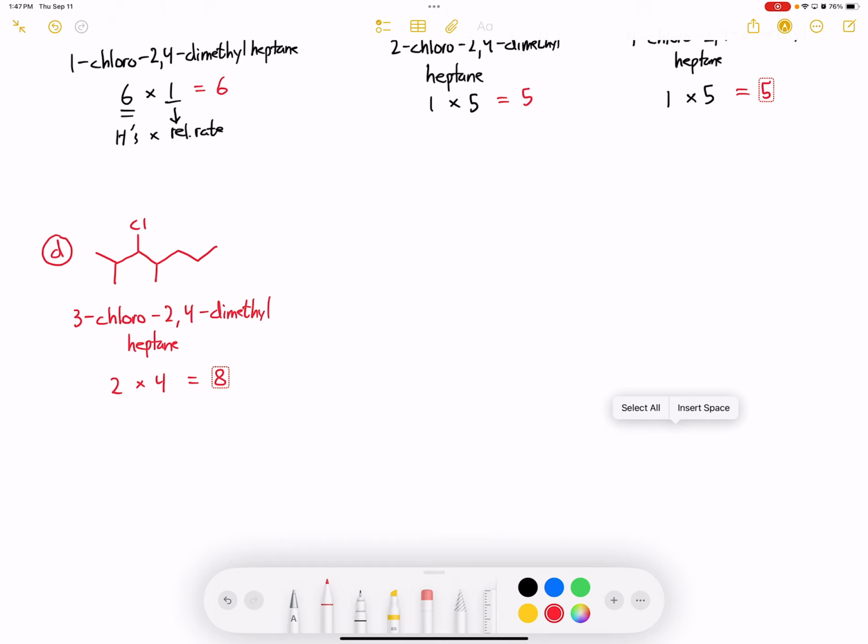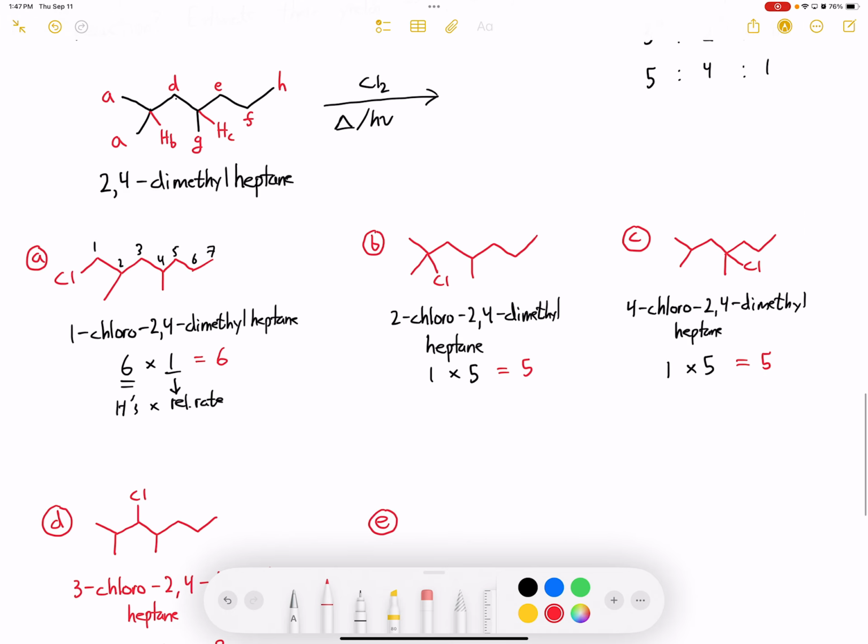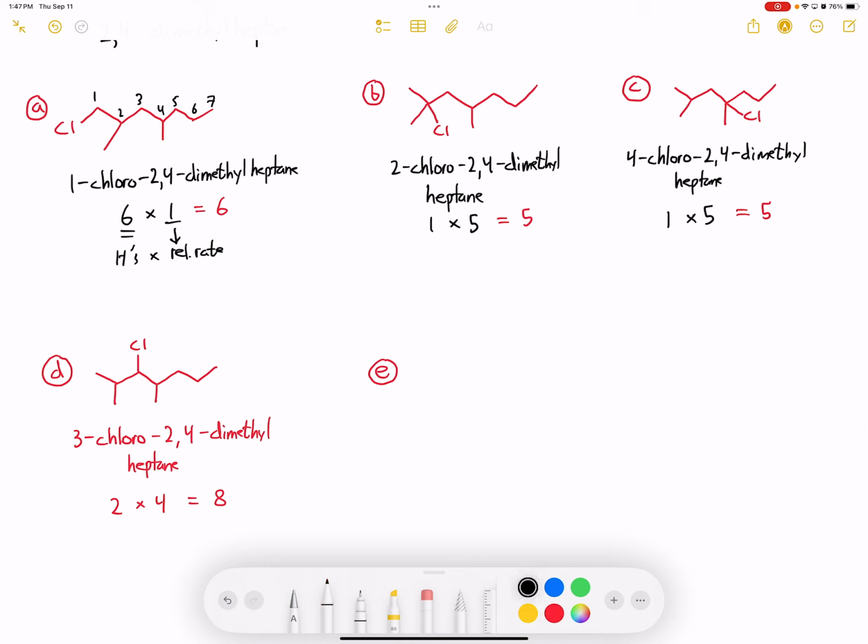Now let's go to position E. And where was E on our chart here? Okay, that one is on the other side of the central methyl group. So let's draw that. All right, so E. So these are all different products, as we'll see, because the names are all different.